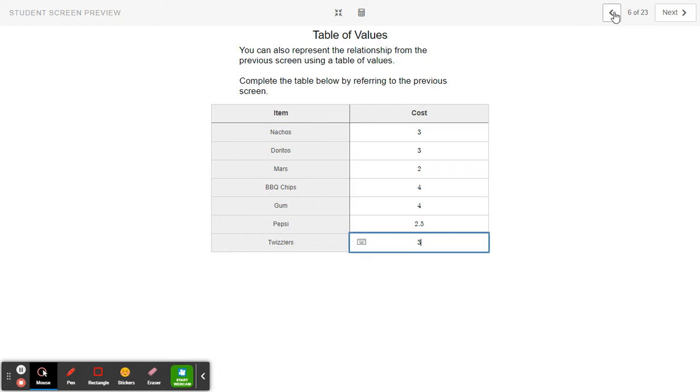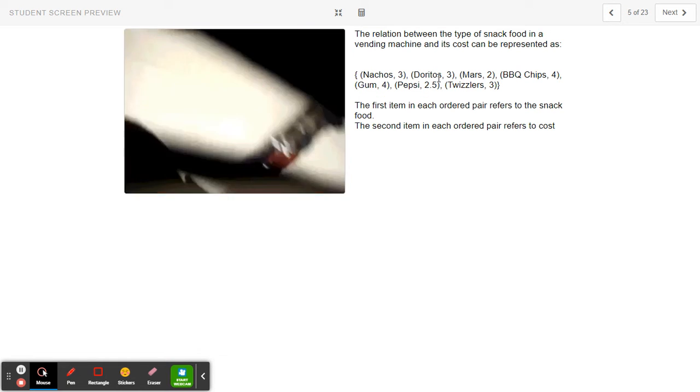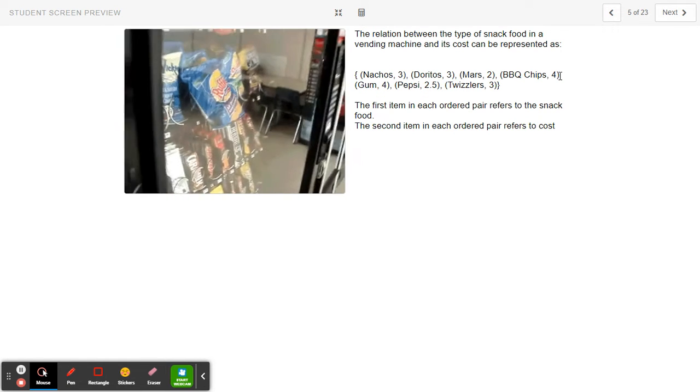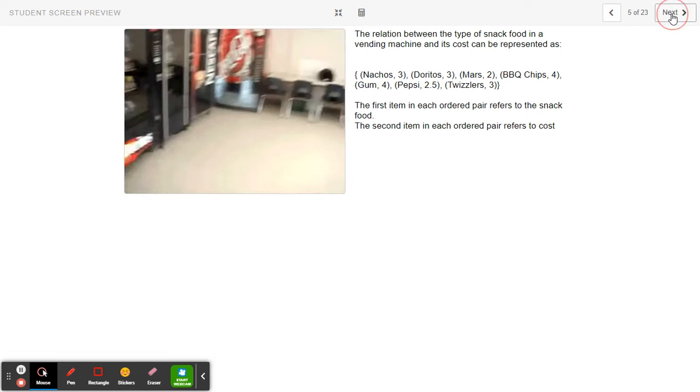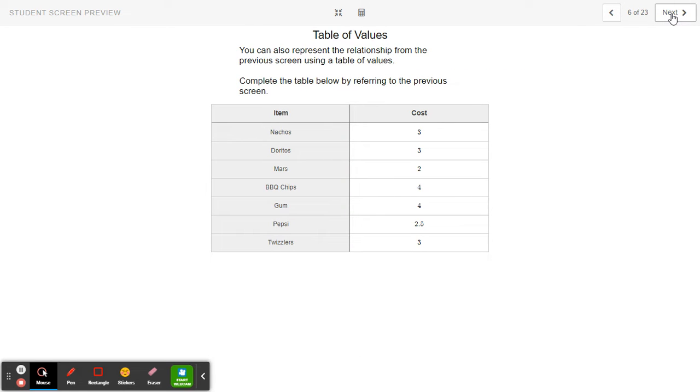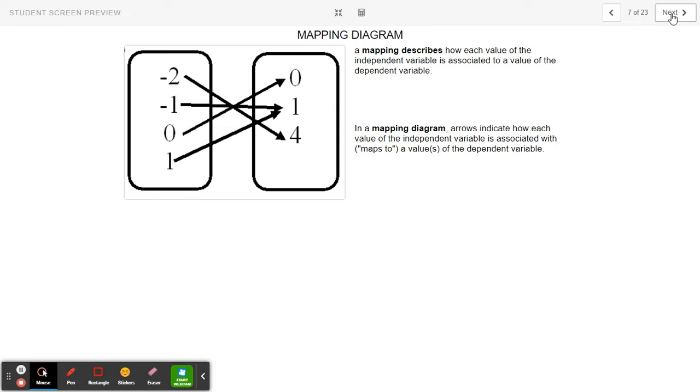So again, just showing you that we can go from something written with coordinates or ordered pairs and write it as a table of values. Then we talk about mapping diagrams, if you remember from the lesson. Mapping just describes how each value of the independent, or the input, is associated with the dependent, or the output.